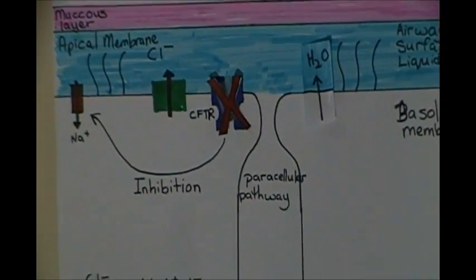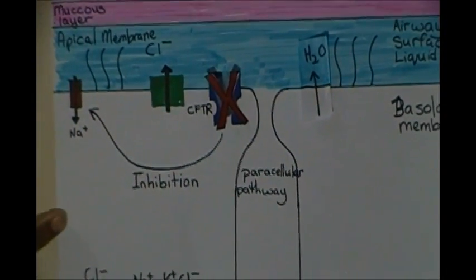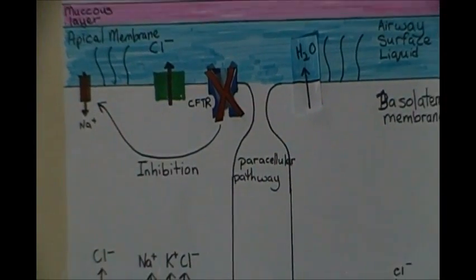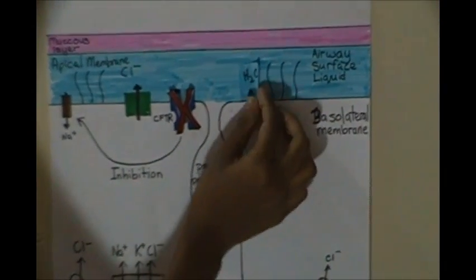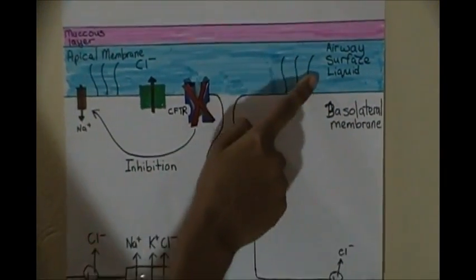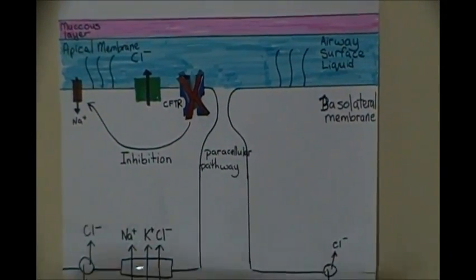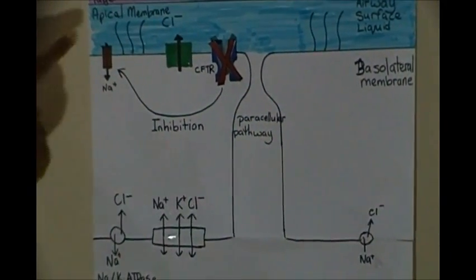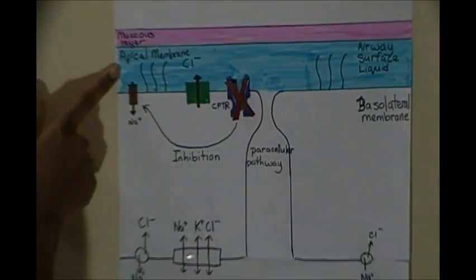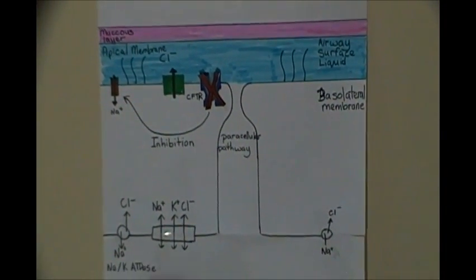Therefore, due to the high concentration in the basolateral membrane, H2O from the airway surface liquid will diffuse out, causing the apical membrane to become more viscous.